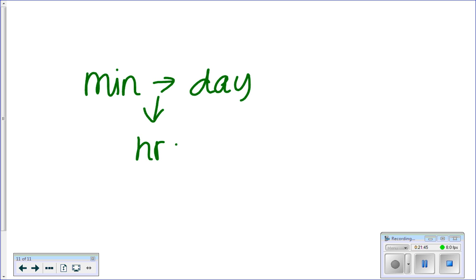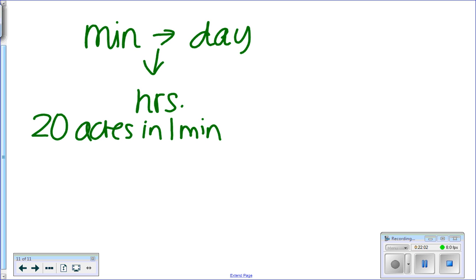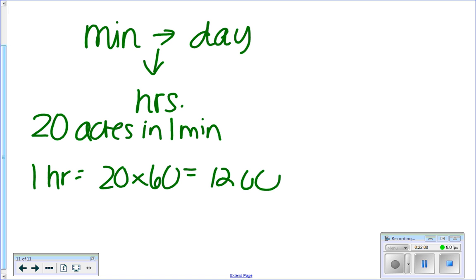Hours maybe? Minutes, hours, days, right? So if it's 20 acres in 1 minute, let's figure out how many acres are in an hour. In 1 hour, it would be 20 times 60, which would be 1,200.